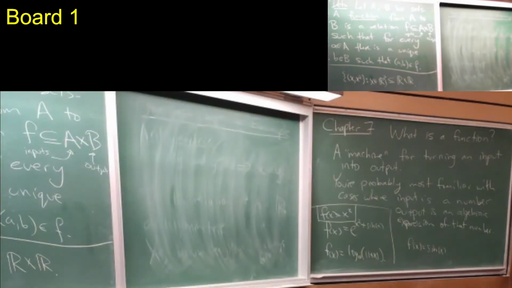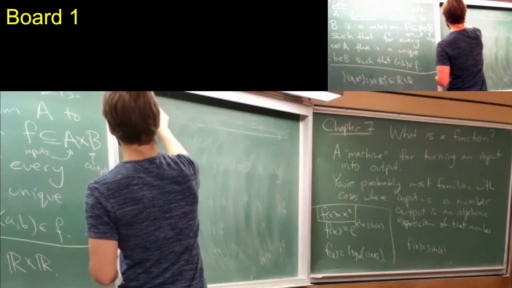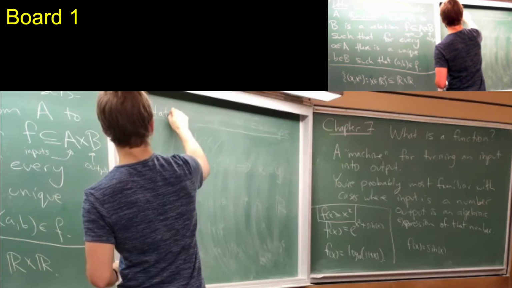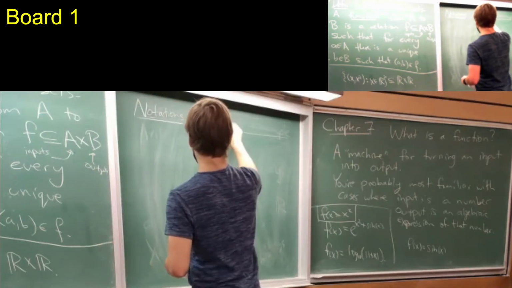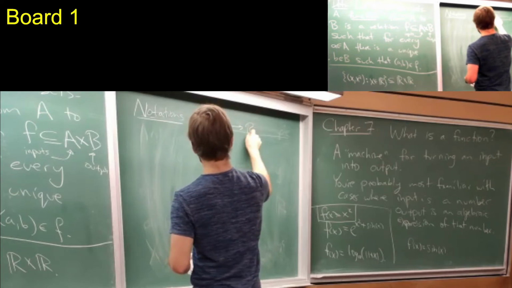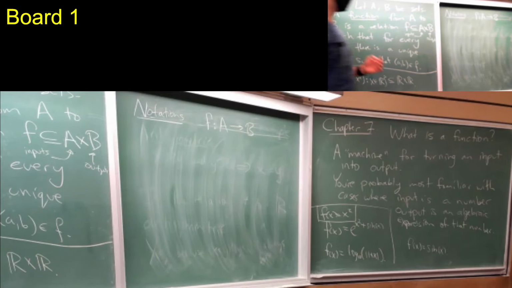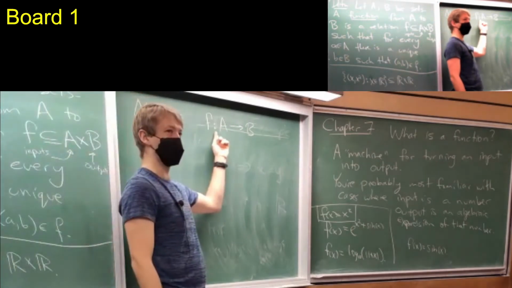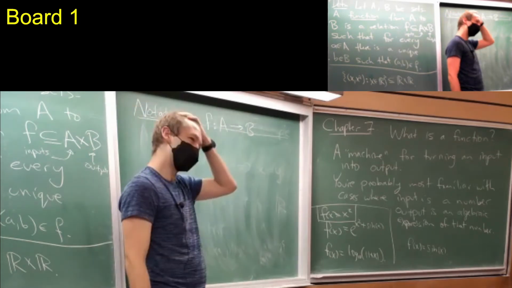We need some more notation and terminology here. So the notation for functions. If I write f colon A arrow B, it's slightly annoying notation because we've used this colon for something else in set theory notation, and we use the arrow for logic stuff.